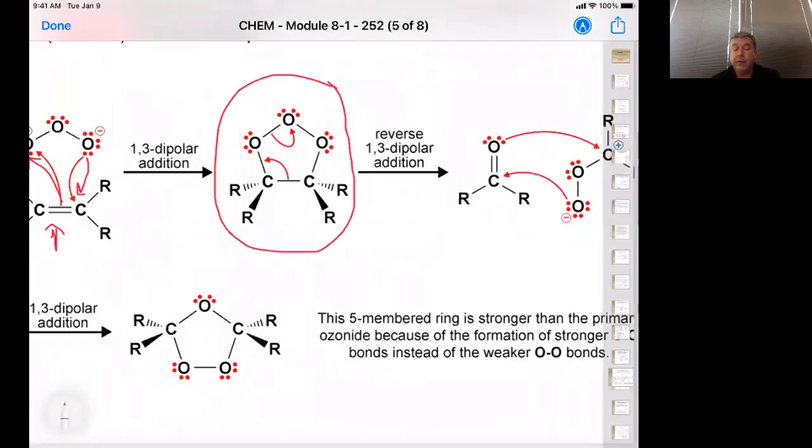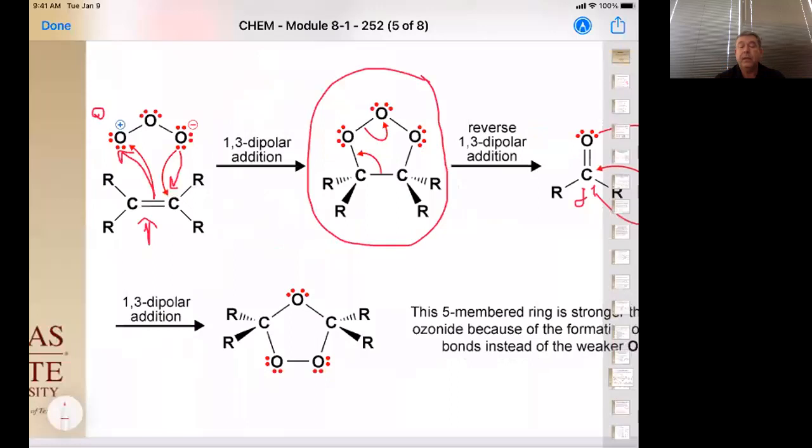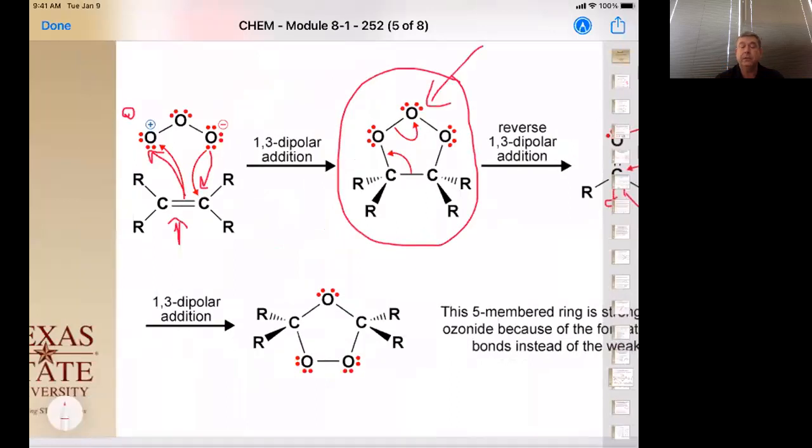So we have a nucleophilic side and a partially positive ketone here. It's going to attack that, and we're going to end up making a 5-membered ring that is more stable than having these three oxygens bonded together. So this is the actual intermediate that can be isolated, because it's more stable than this isomer.